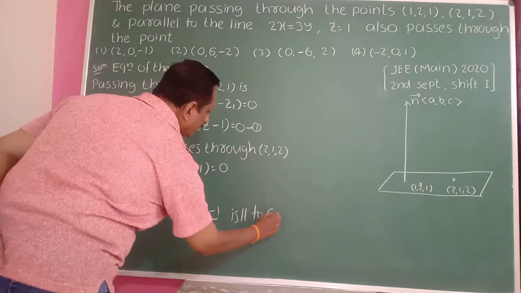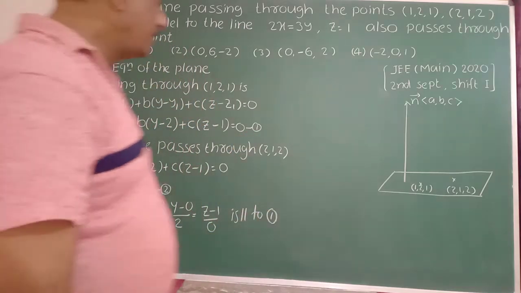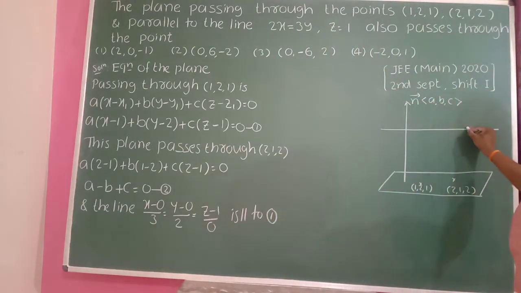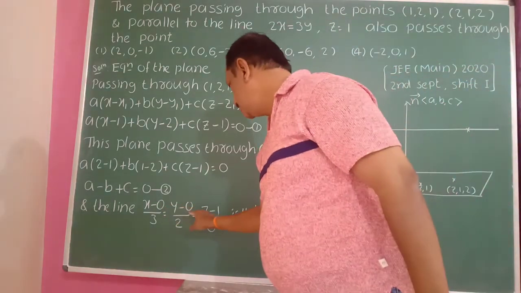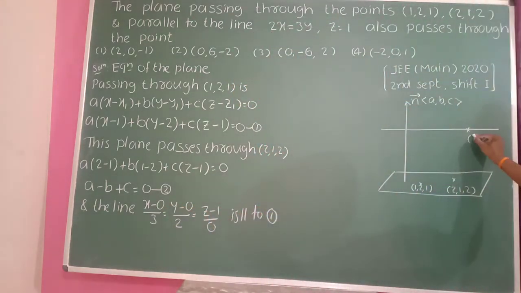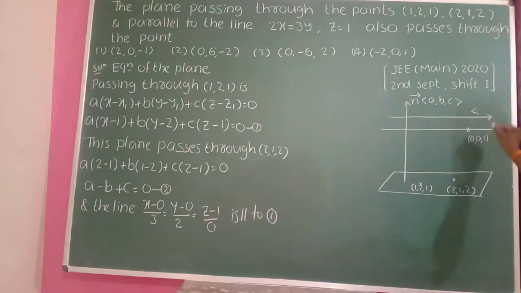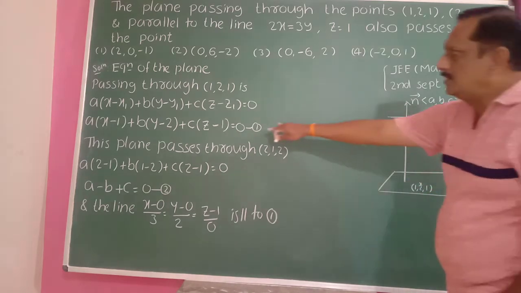This line passes through the point (0, 0, 1) and is parallel to the vector whose direction ratios are 3, 2, 0. These are the direction ratios of the vector parallel to this line.